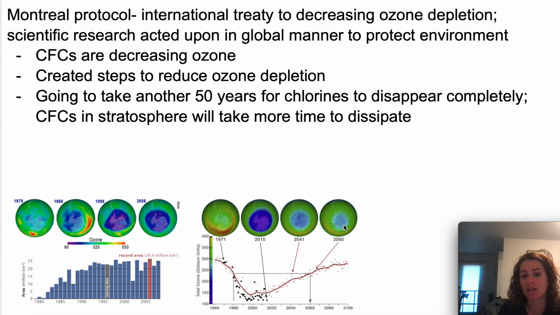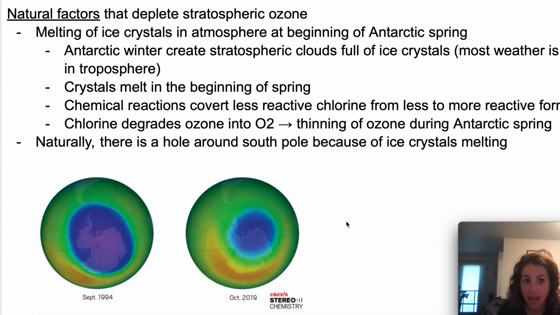Now, I want you to see here in 2065, around Antarctica, around the South Pole, the ozone still is thinner there, and that's natural. There are natural factors that deplete stratospheric ozone. Chlorine is found naturally in the atmosphere. During the Antarctic winter, the stratosphere fills up with clouds that are full of ice crystals.